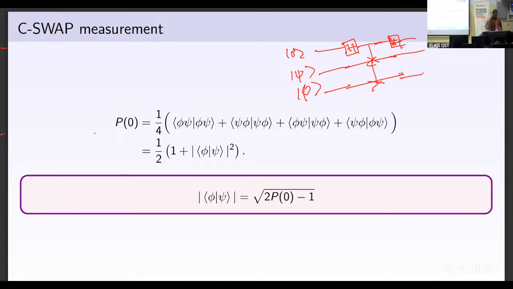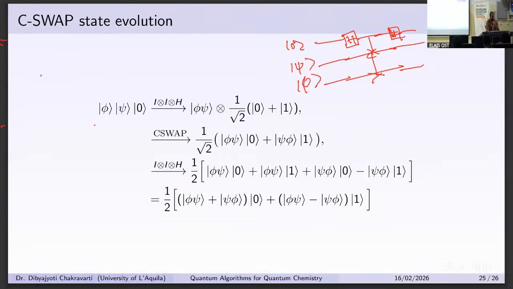So first the Hadamard is acting on the 0 phi psi case. The action of Hadamard on 0 is 1 by root 2 (0 plus 1), as you know. So it's a plus state.